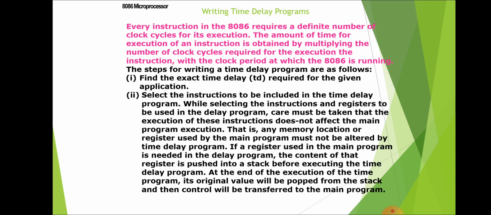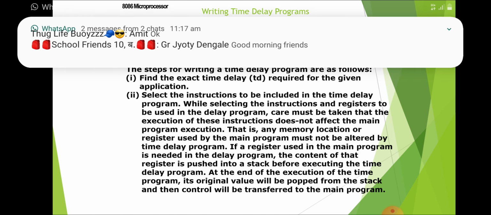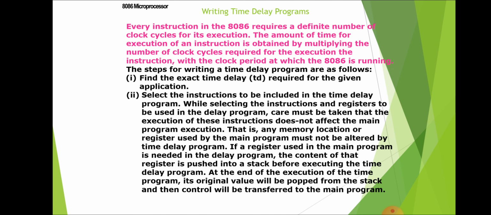The amount of time for execution of an instruction is obtained by multiplying the number of clock cycles required for the execution of the instruction. Suppose an instruction requires 200 clock cycles, then by multiplying that with the clock period, you will get how much time the program requires to execute from start to end.